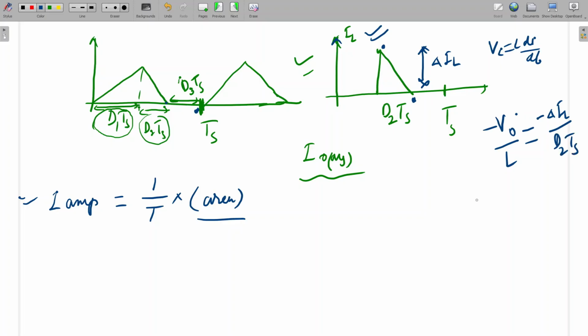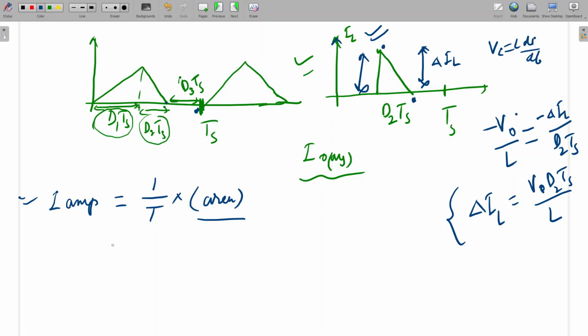So what will be the value of delta IL? Delta IL is equal to V naught D2 Ts divided by L. So we have calculated this y value. Okay, is it clear? Delta IL calculation. Is it clear to all?